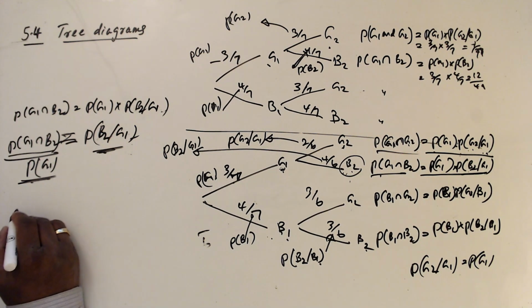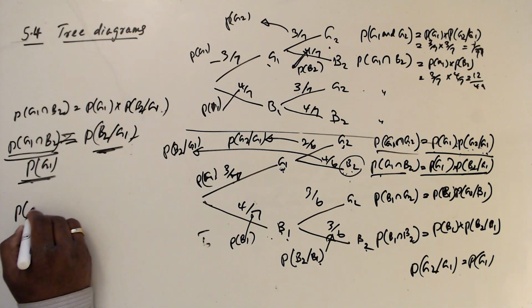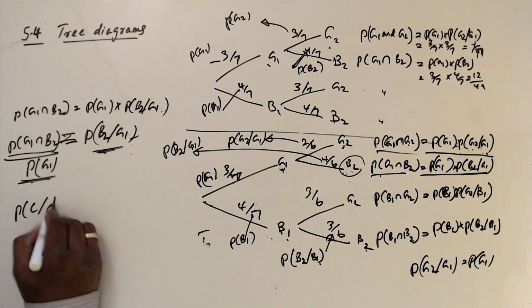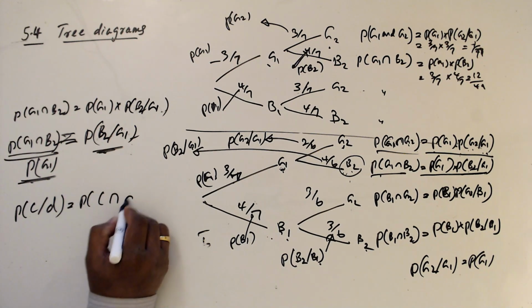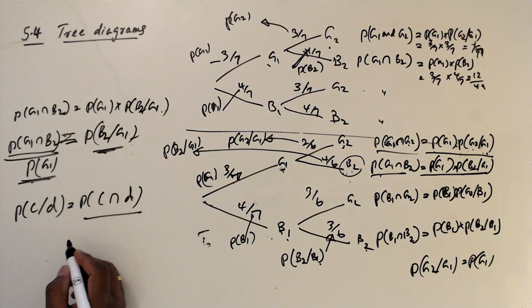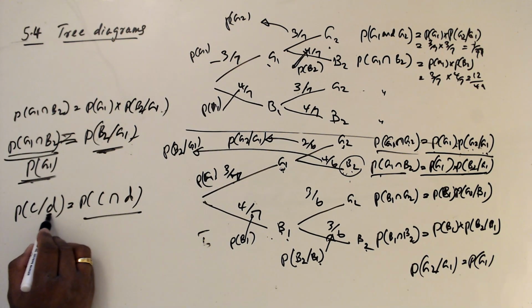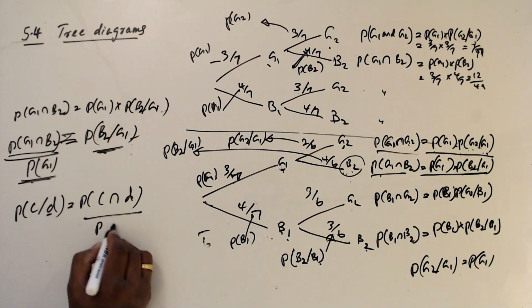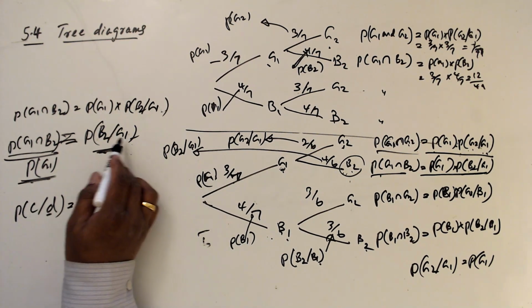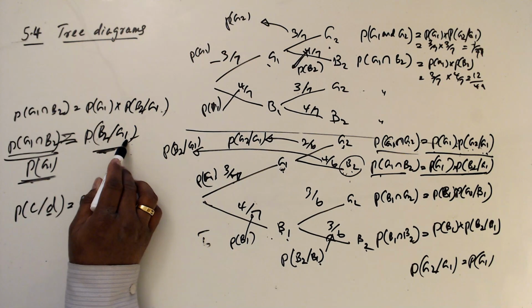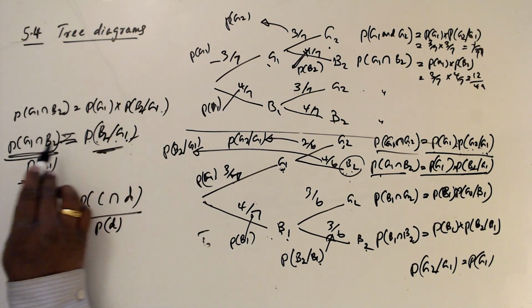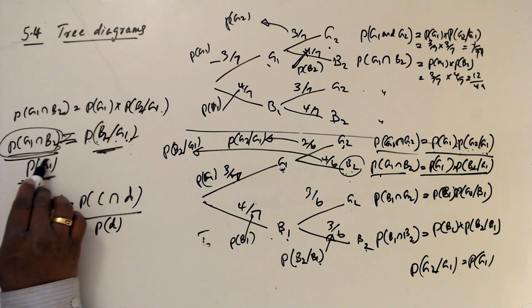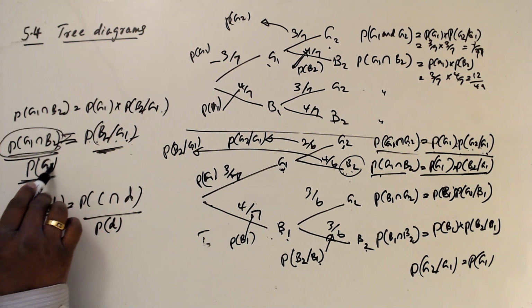If I have P(C given D), you can write it as P(C intersection D) divided by P(D), whatever the given is. So P(B2 given G1) is the intersection of G1 and B2, divided by P(G1).